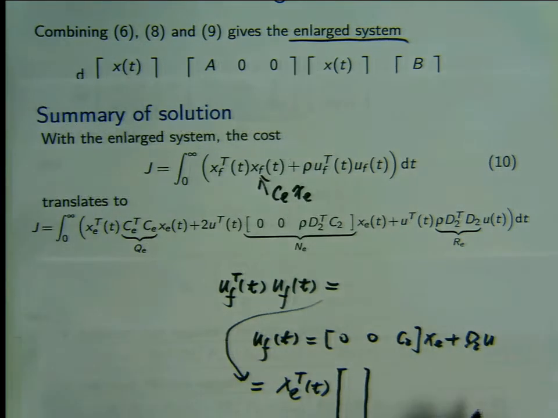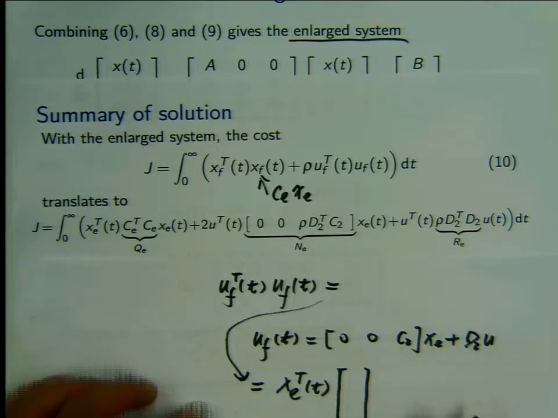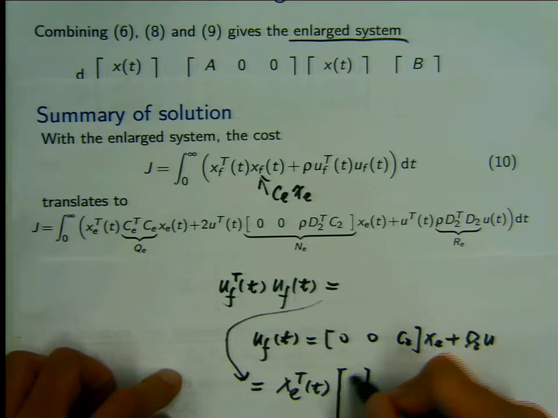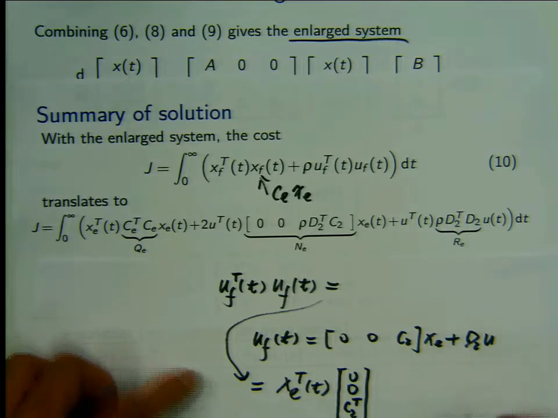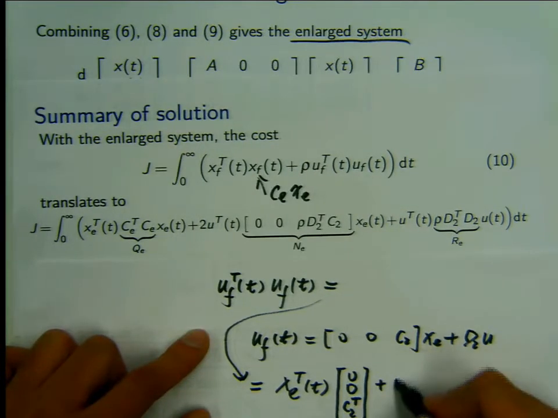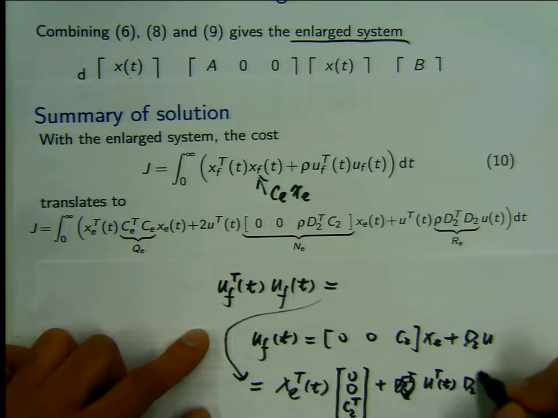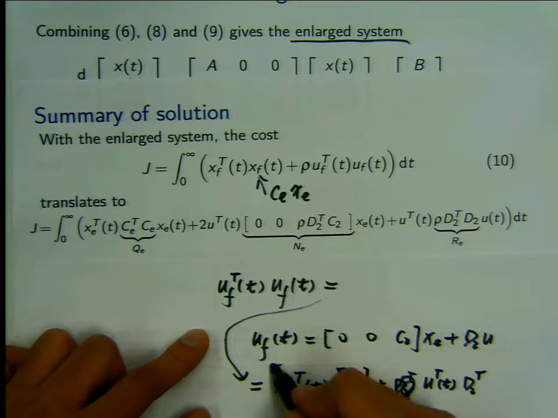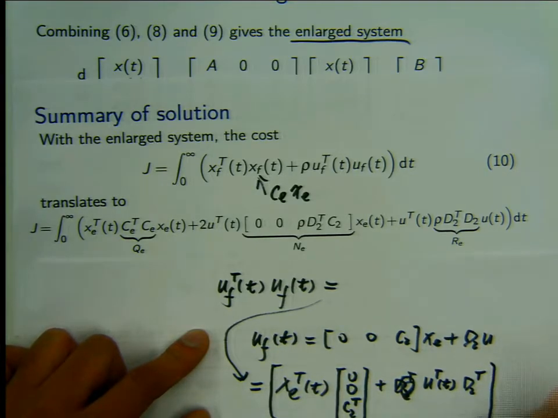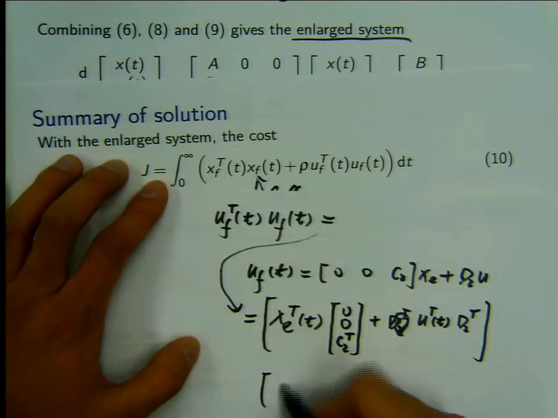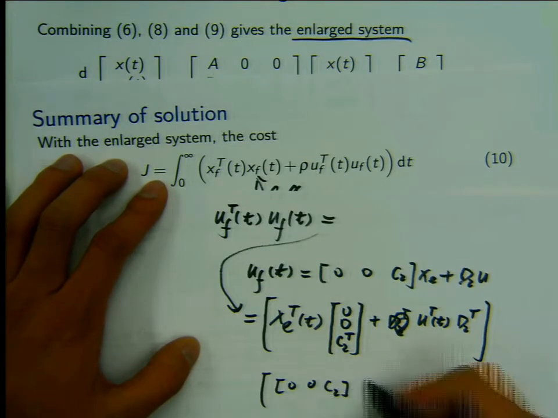Let me double check whether I need this. Okay, let me see. 0, 0, C2 transpose plus D2 transpose, u transpose D2 transpose, whole thing, times 0, 0, C2 xe plus D2 u.